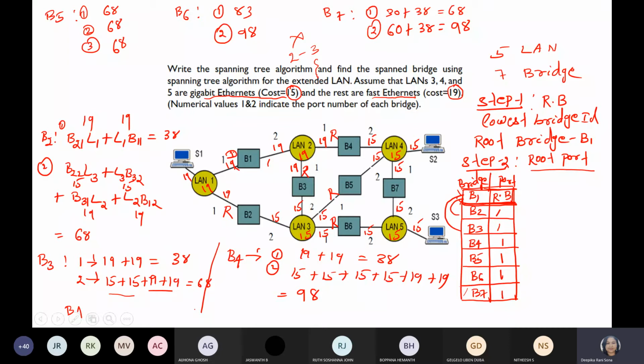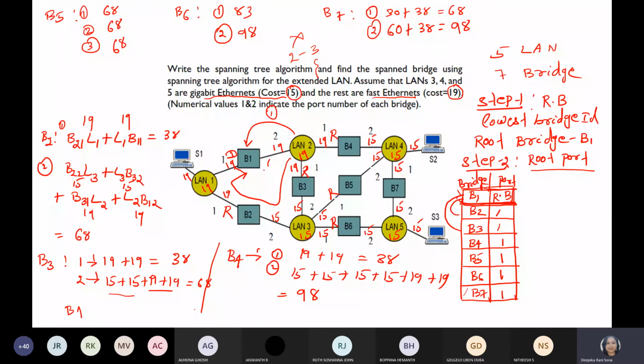Then for bridge 2, LAN 2 we have to find, right? So for LAN 2, what are the possible paths? Here is one possible path and in the second direction is another possible path.